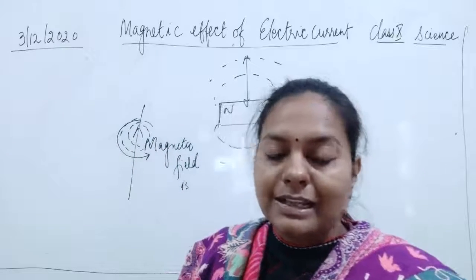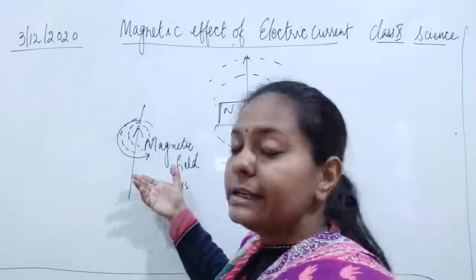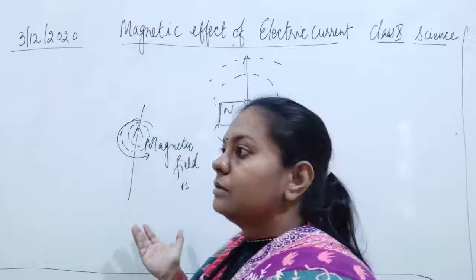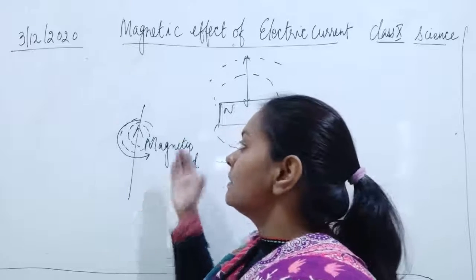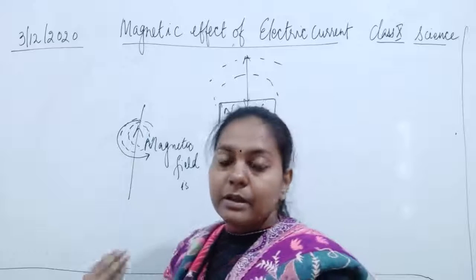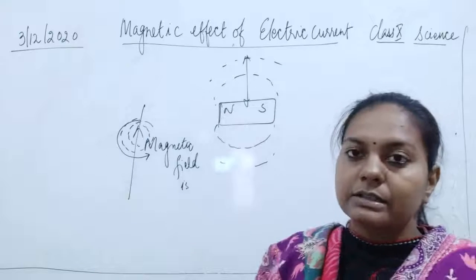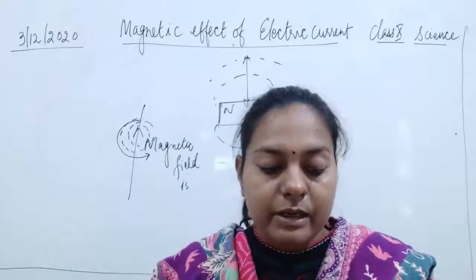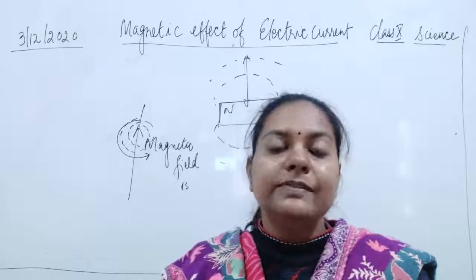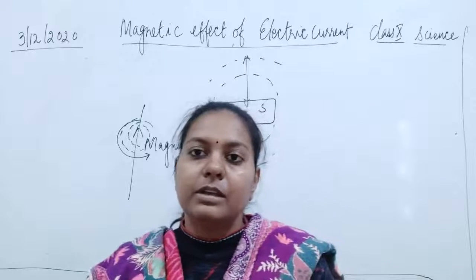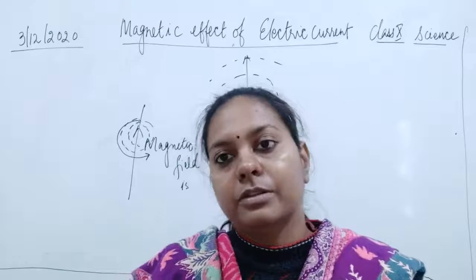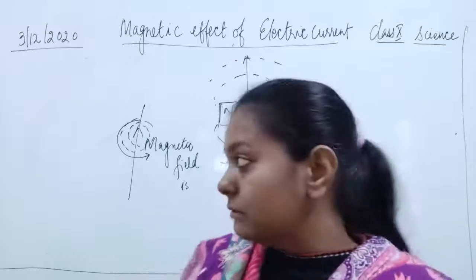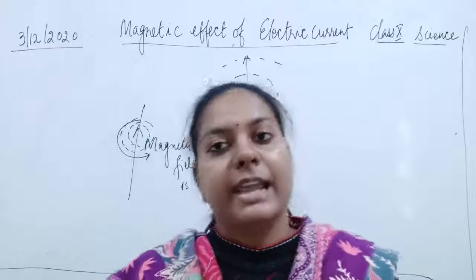So this concentric rings are just because the current is surrounding this wire, and around this wire we can experience a complete force of attraction of the magnetic field lines, and these field lines are drawn in the form of circular lines around this current carrying conductor which behaves like a magnet.